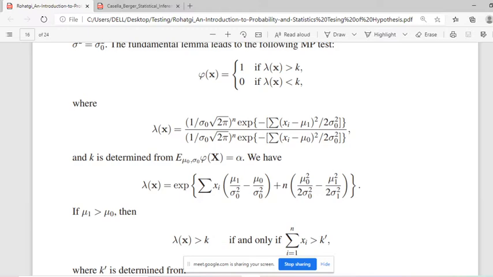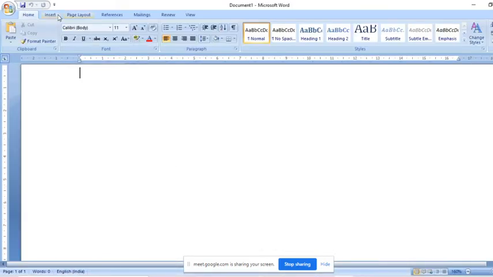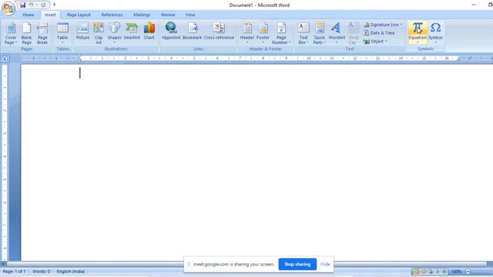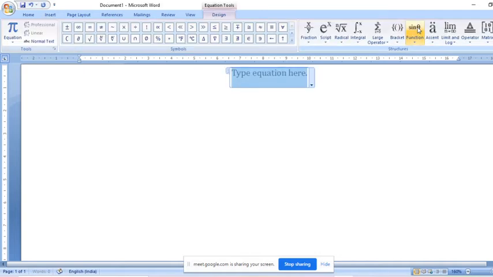Leave the constant term, consider the other terms only. You know what lambda of x is?